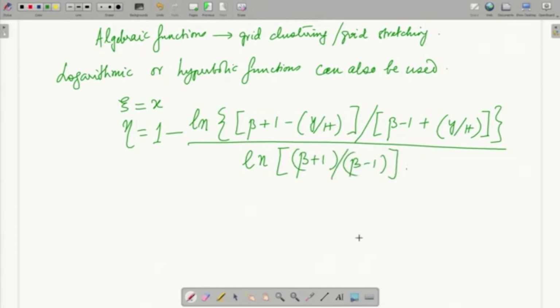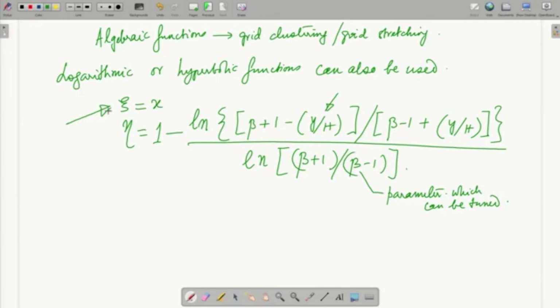So, you can see that there is a ratio y by h, which means that the total height of the domain is h, y is any location of a horizontal grid line, and beta is a parameter which you can tune. If you tune that parameter, you will get different extent of clustering along the y direction.